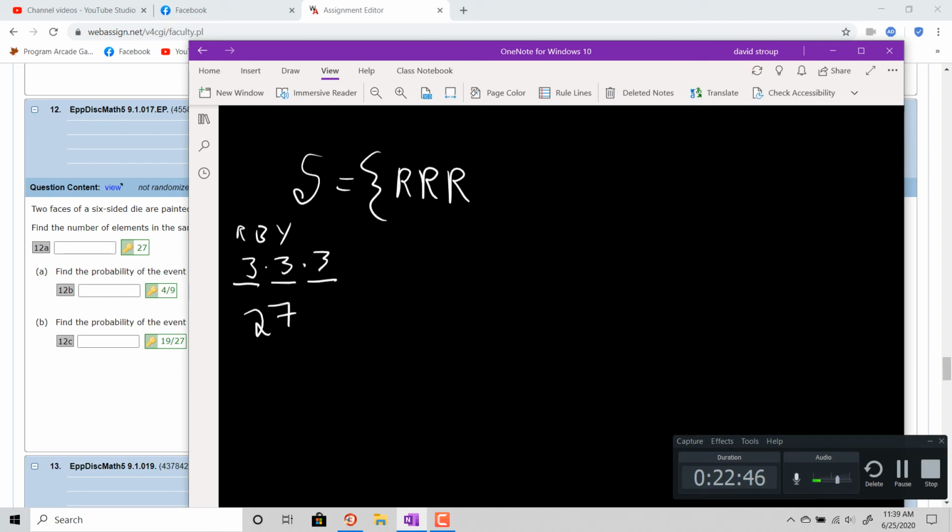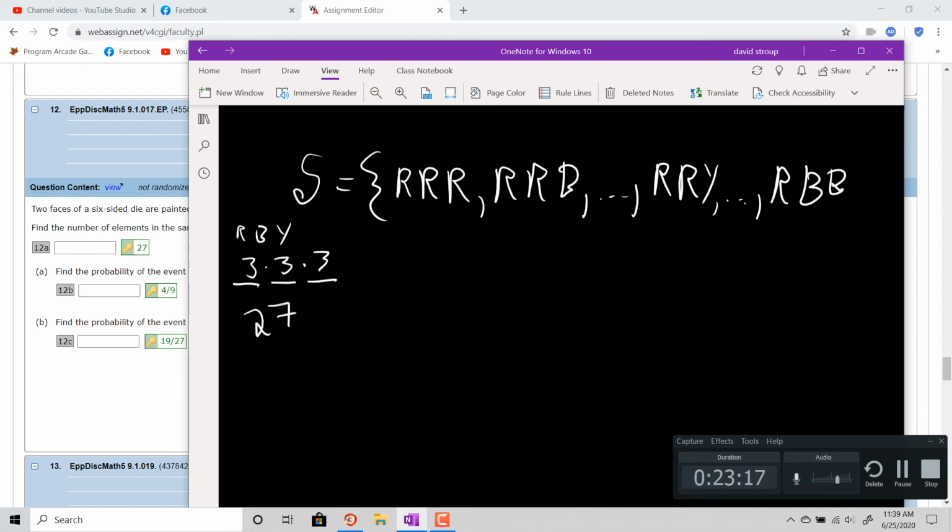And you can sit there and list them out. Okay, so red, red, red, then the ones with blue, and then red, red with yellow, and then the versions with one red, so you'll have reds with blue, blue, and reds with blue, yellow.